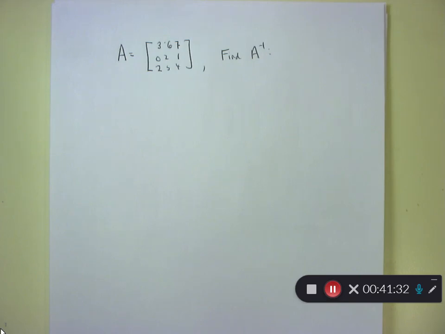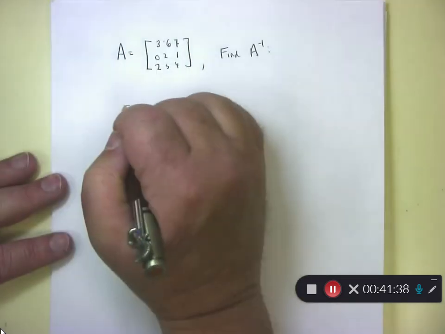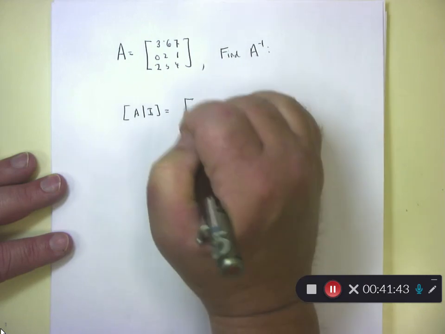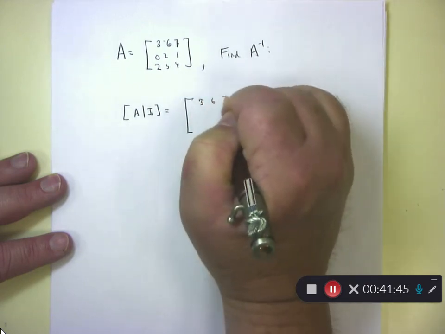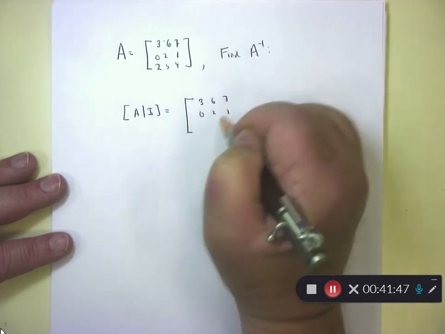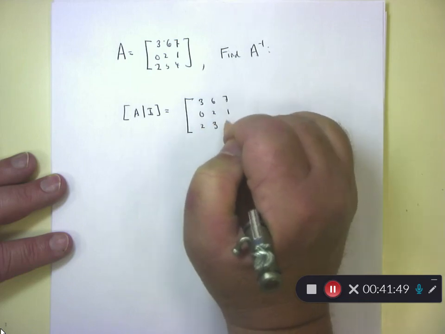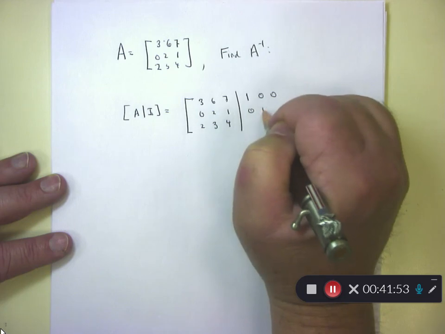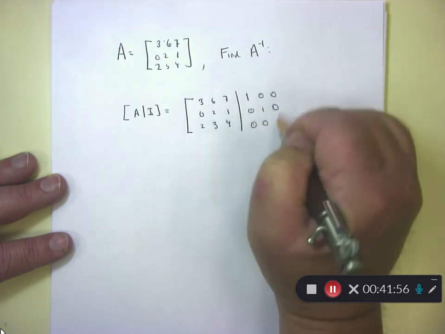What were you trained to do to find A inverse? Outstanding. Augment with the identity. A, augment with the identity, which would give you 3, 6, 7, 0, 2, 1, 2, 3, 4, augment with 1, 0, 0, 0, 1, 0, 0, 0, 1.